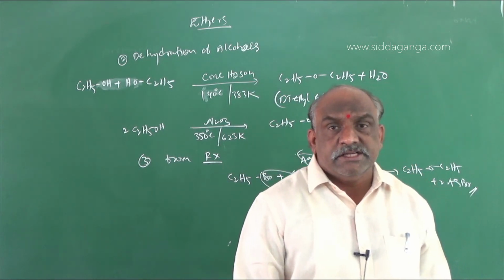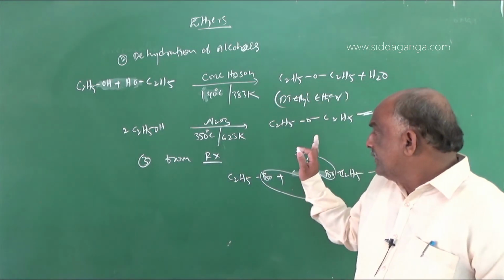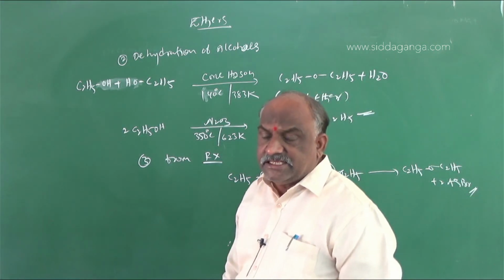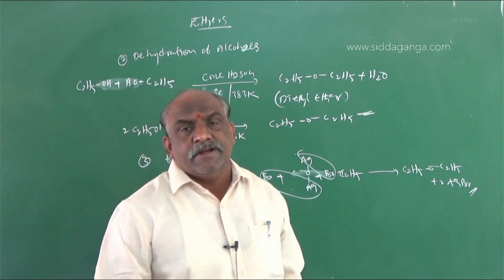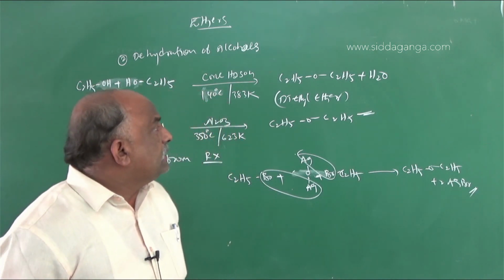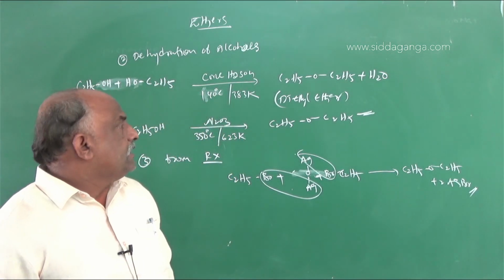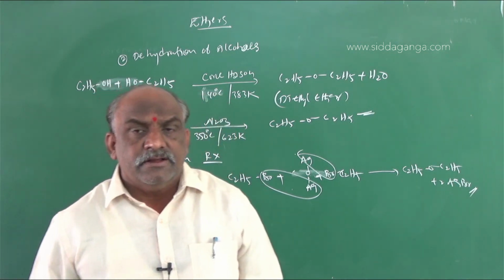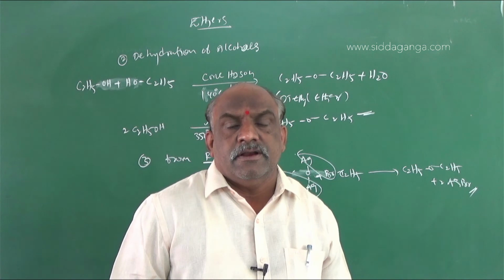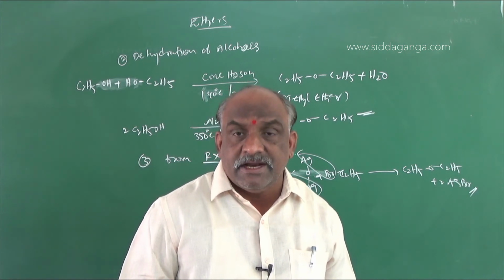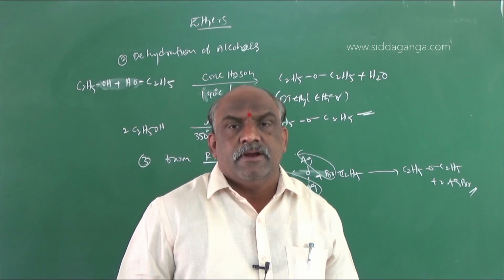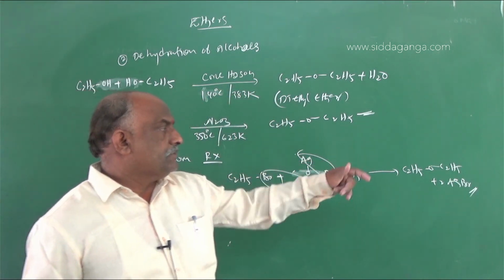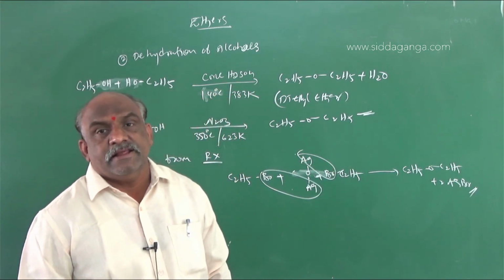If it is moist silver oxide, the answer is alcohols. If it is dry silver oxide, the answer is ether. So dehydration of alcohols takes place with concentrated H2SO4 at 140 degrees centigrade or alumina at 350 degrees centigrade, and the reaction between dry silver oxide and alkyl halides gives ethers, C2H5OC2H5, that is diethyl ether.